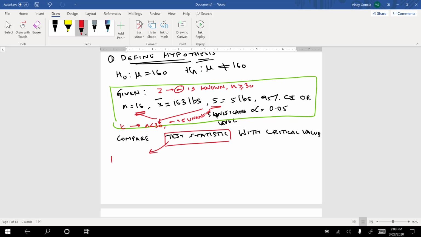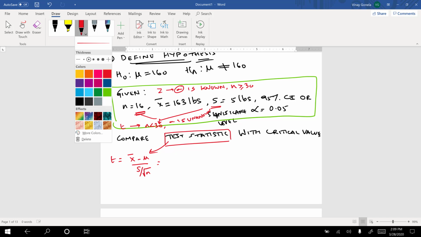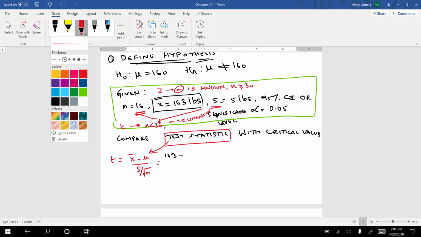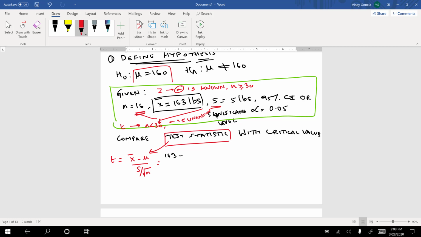So the formula for the T stat is x bar minus mu over S over root n. Your x bar is 163, so 163 minus mu, and mu is 160.